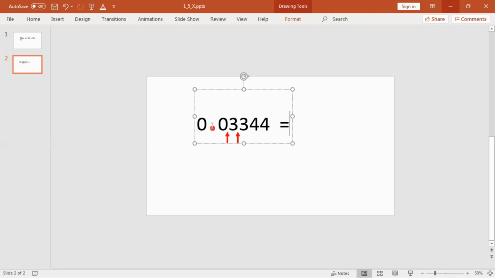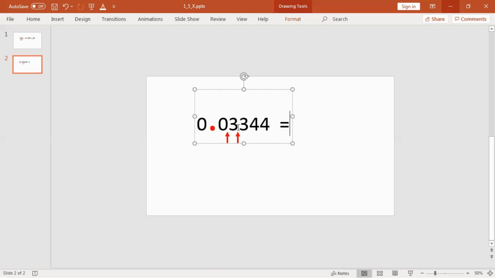Remember, the goal in forming the mantissa by moving the decimal point is to make the mantissa have only one non-zero digit to the left of the decimal point. So we're going to try to do that. So we have to move the decimal point 2 positions.